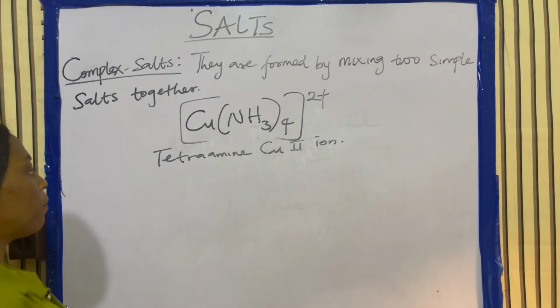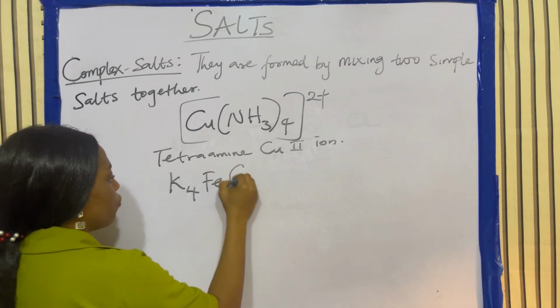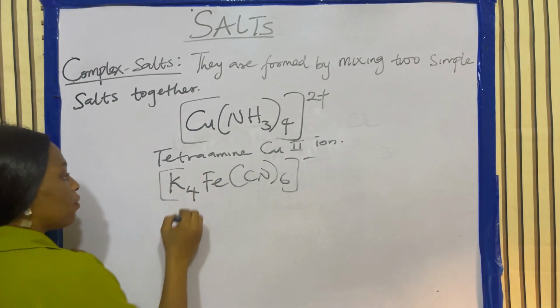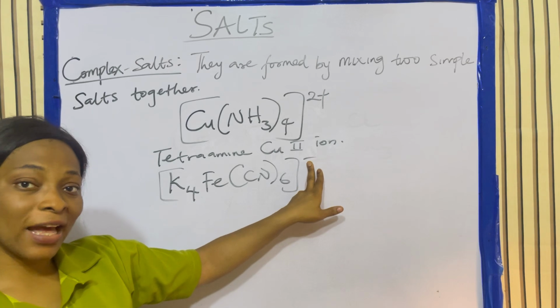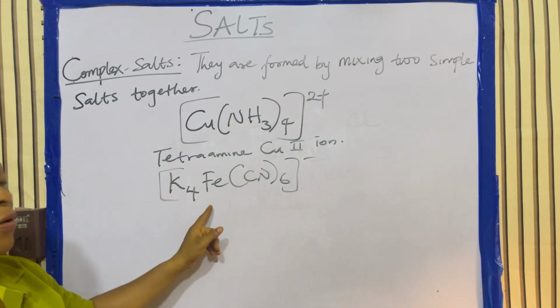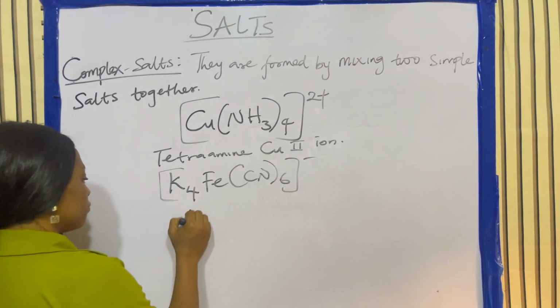Another example of a complex salt is what we call potassium hexacyanoferrate 6. Remember what I told us, they are usually ionized. So this is potassium hexacyanoferrate 6 ion. Another example is silver.